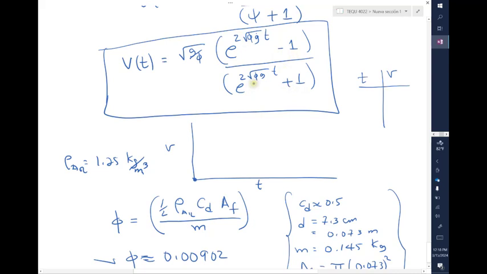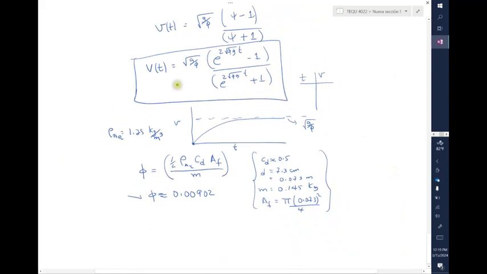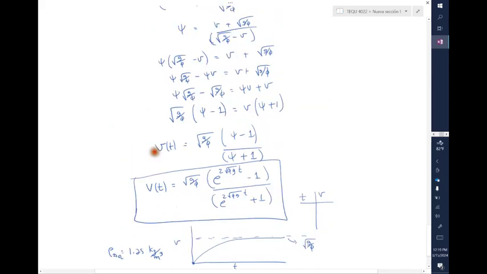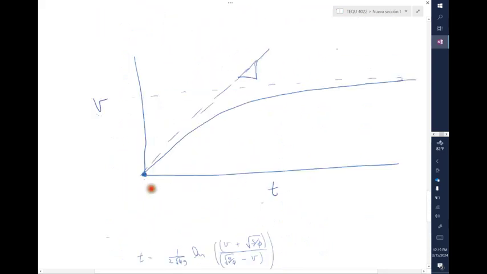So this divided by this, two huge numbers, will approach 1, and the ball's final speed will come to a limit, which is called terminal velocity, which basically comes from this ratio between g divided by phi, the square root of that, and that's the terminal velocity, and you can easily demonstrate that.